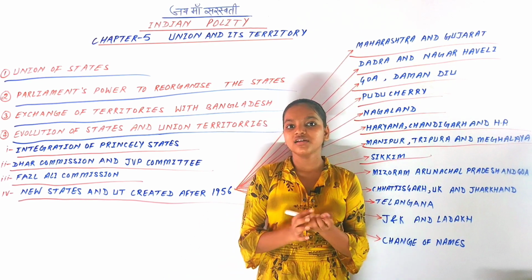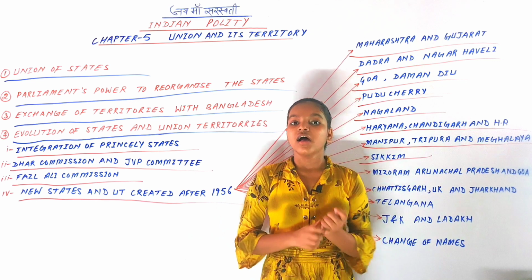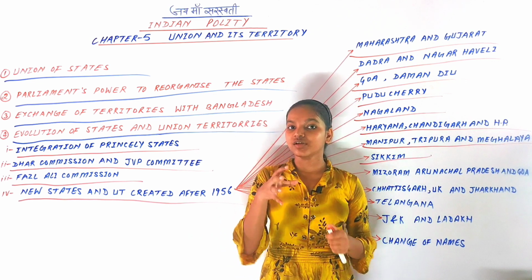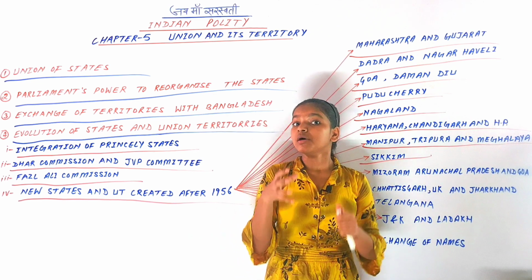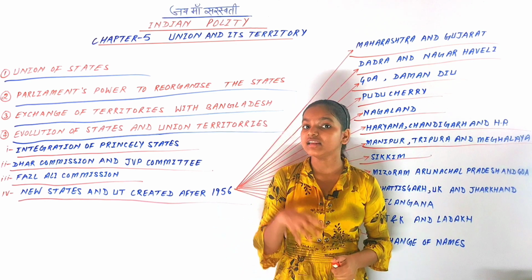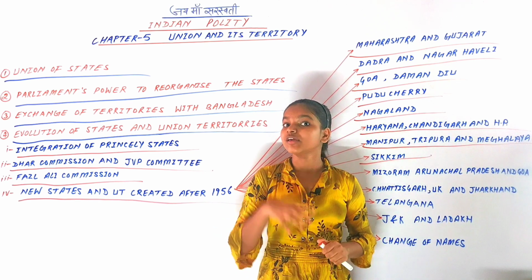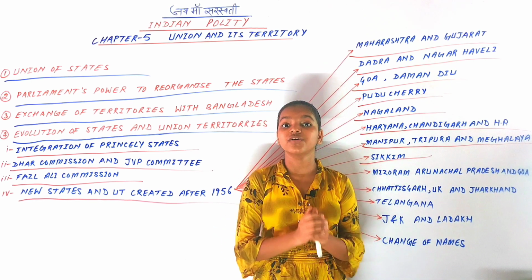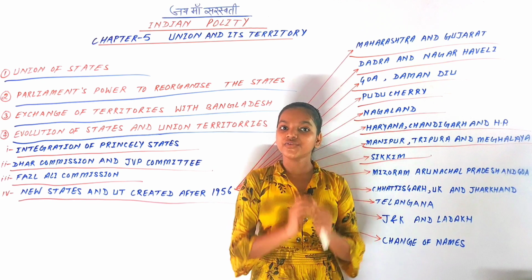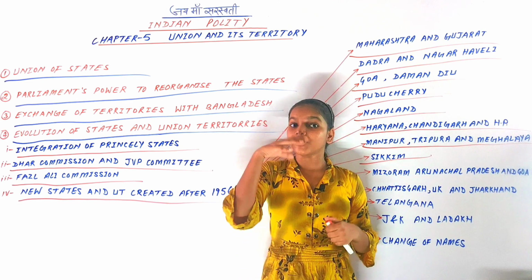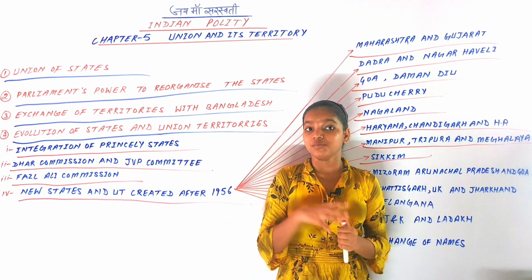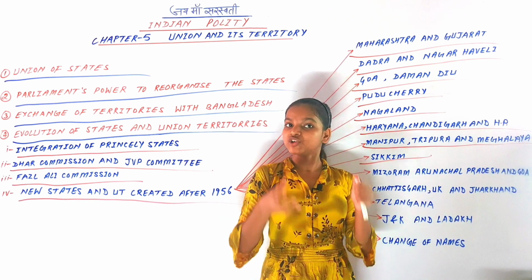Sikkim was under the rule of the Chogyal, and it was like a protectorate of India. India had taken responsibility for its external affairs, its military and its protection. But after that, the people didn't want the Chogyal.